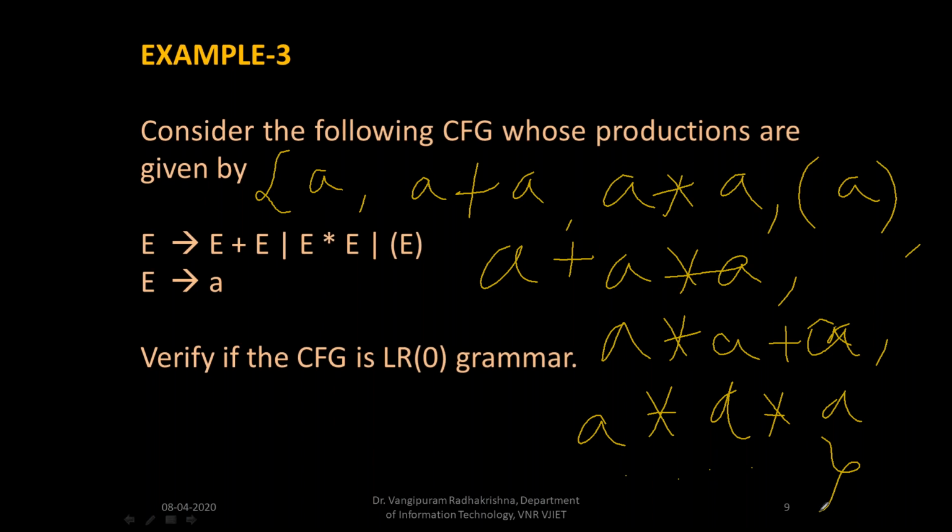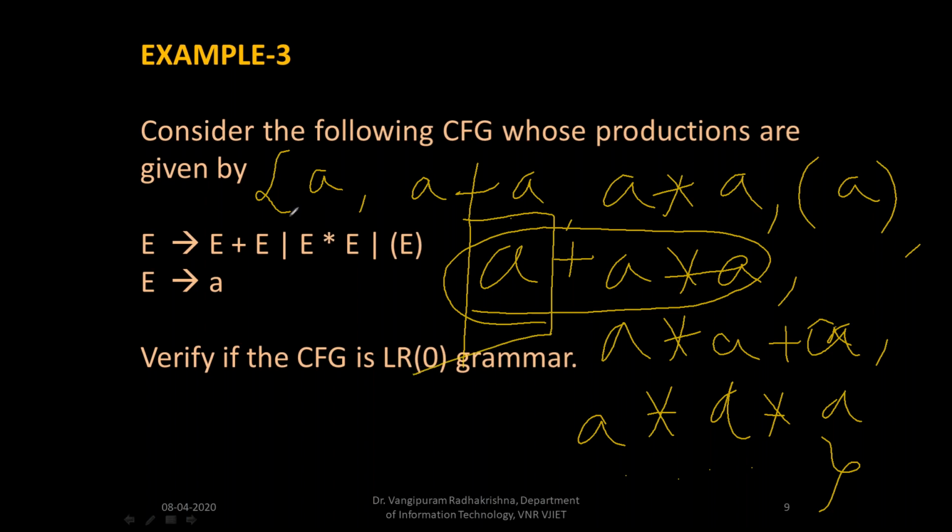Now assume that you choose a randomly identified string of the form a plus a star a here. Symbol a happens to be a proper prefix for this randomly chosen string.